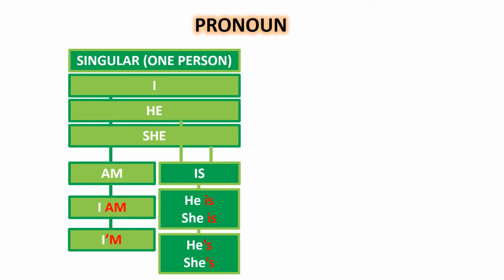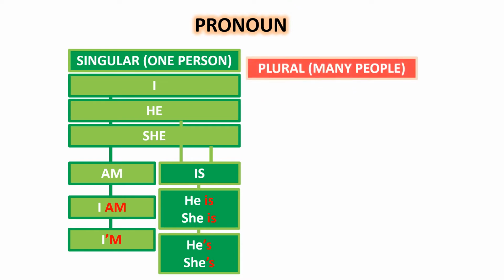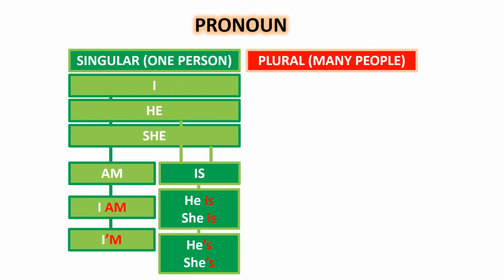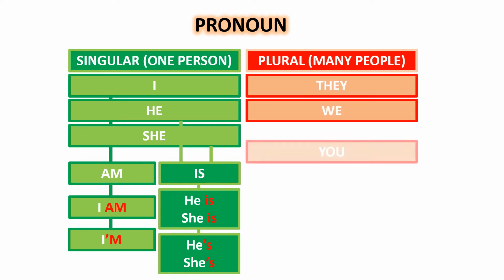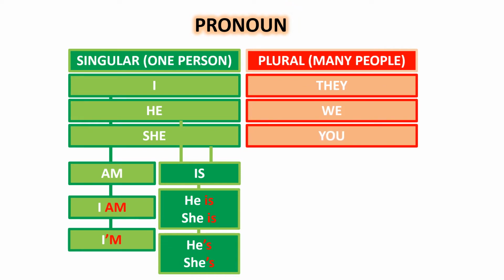The next one that we are going to learn is plural pronouns. Plural means many people or more than one. When we talk about plural, we use they, we, and you. Some of you might be confused why you is used for plural.